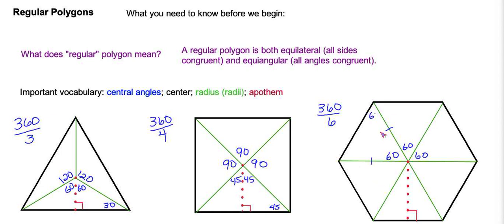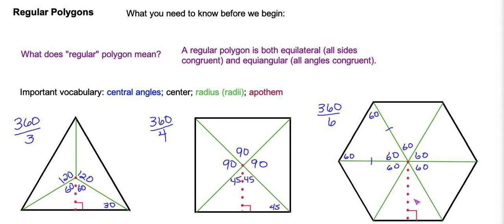So look, these are going to be 60, 60, 60 triangles, which of course are equiangular and equilateral, which makes them regular. Think about your pattern blocks. Remember, the big hexagon was yellow, and all the triangles that make the hexagon are green. So as I continue labeling, all these are 60.